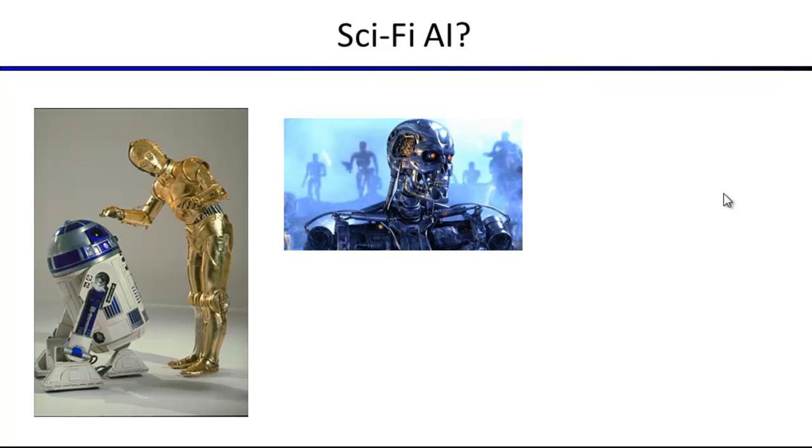So Terminator. So what you see here on the left is earlier robots where Hollywood was kind of positive about what AI might bring us, but it kind of turned dark on us pretty quickly, at least what Hollywood is thinking about it. This is a person/robot who came back from the future to kill people now.